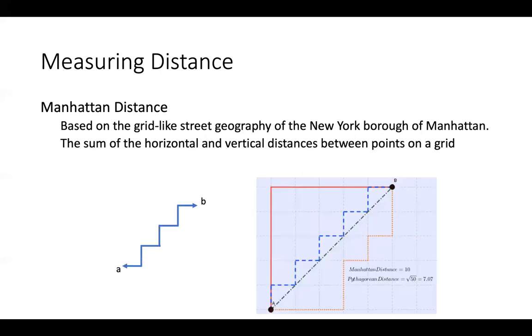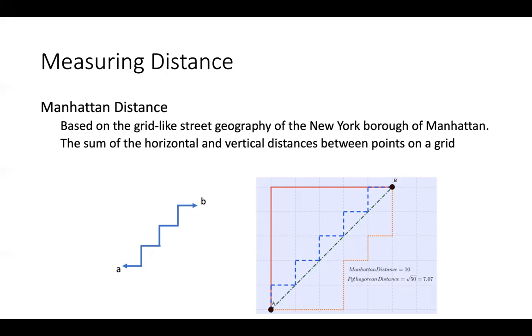Next, we have Manhattan distance. The name of this comes from the grid-like street geography of Manhattan, New York. Here, we aren't using Pythagorean distance or straight line distance. This is the sum of the horizontal or vertical distances between 2 points on a grid.